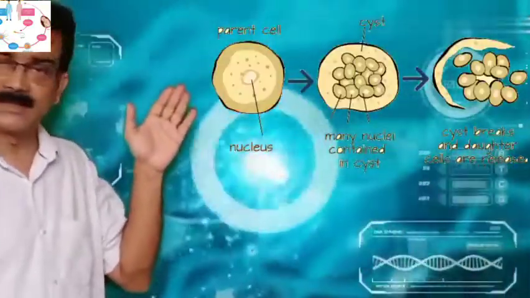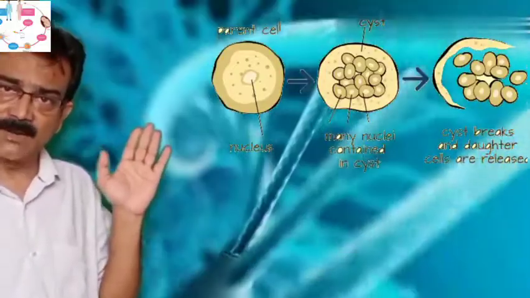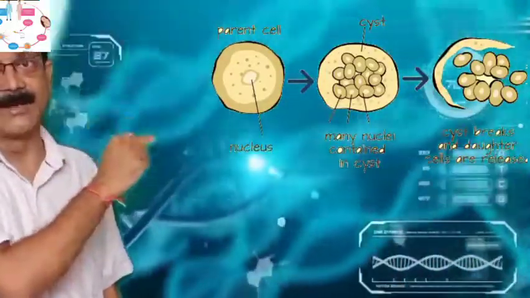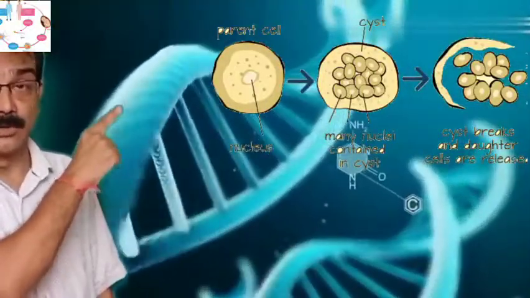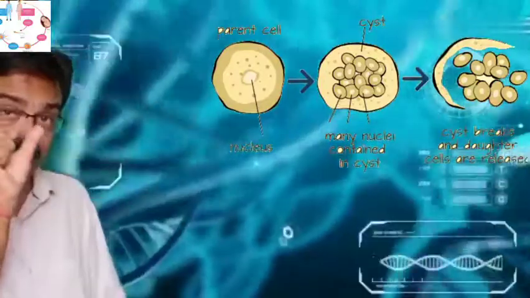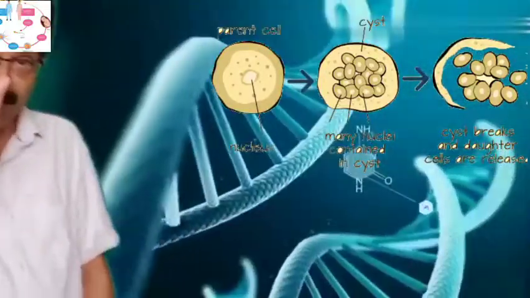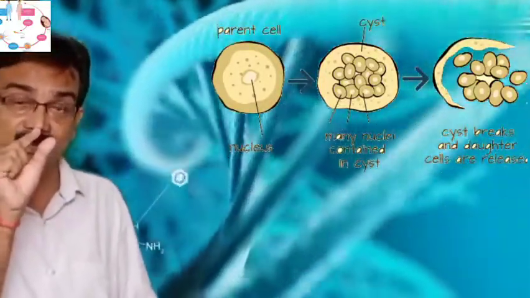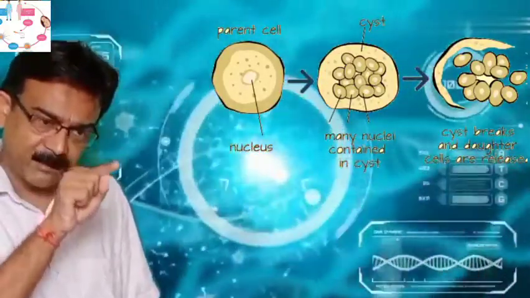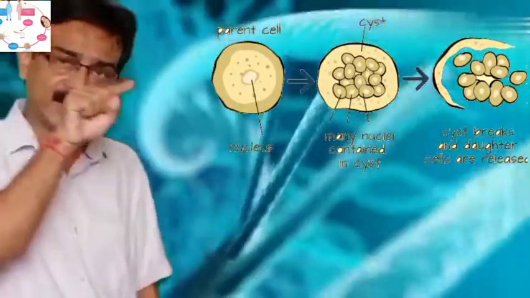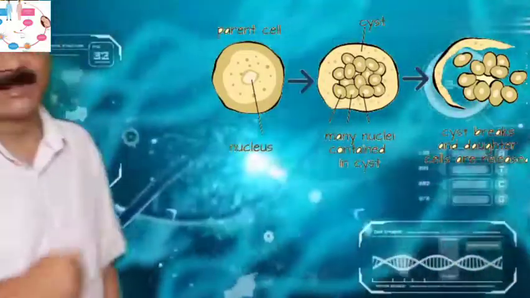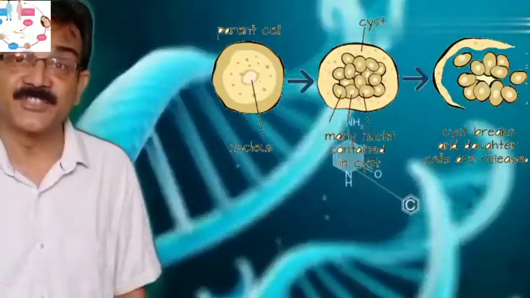In this diagram you are observing one cell of Plasmodium. The inner material of this cell, meaning nucleus and cytoplasm, is going to divide and form multiple daughter cells, and then a protective layer appears, and this protective layer is referred to as a cyst.